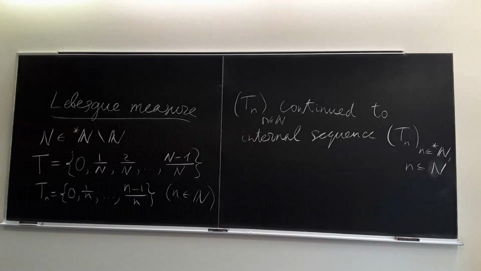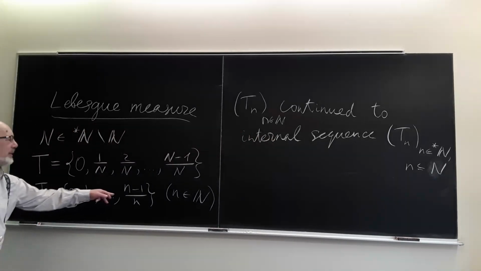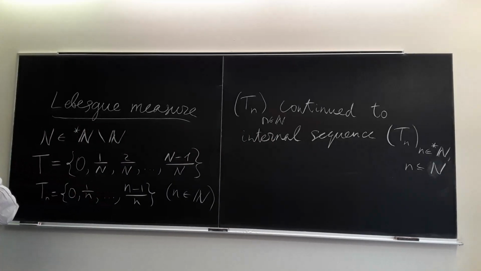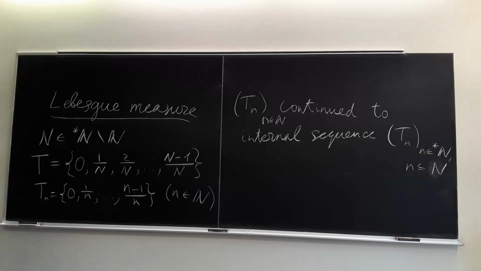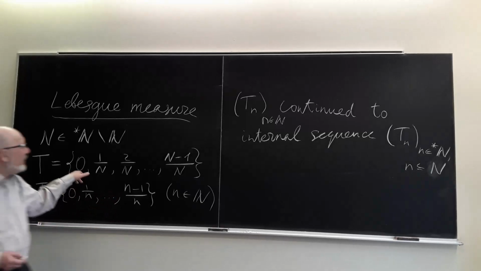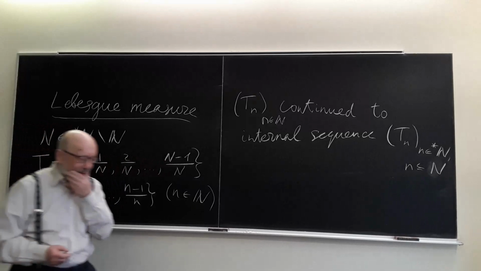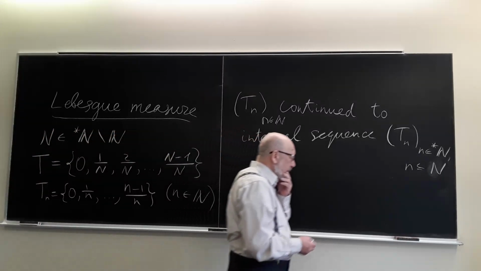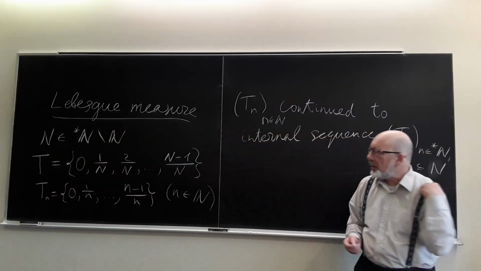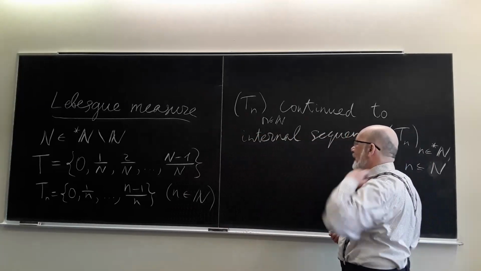This is a sequence of finite sets. We can continue it to the infinite sequence, from 0 to this, and this is an internal object.